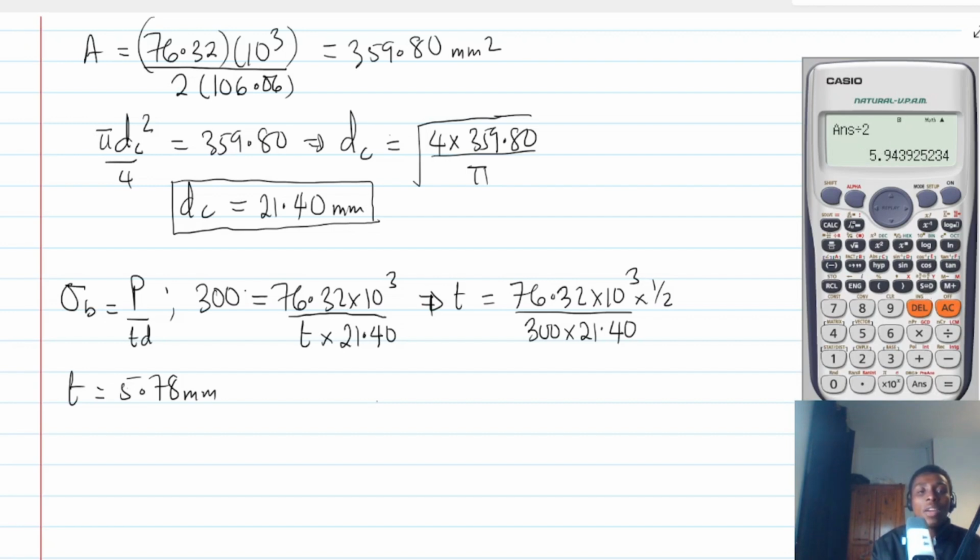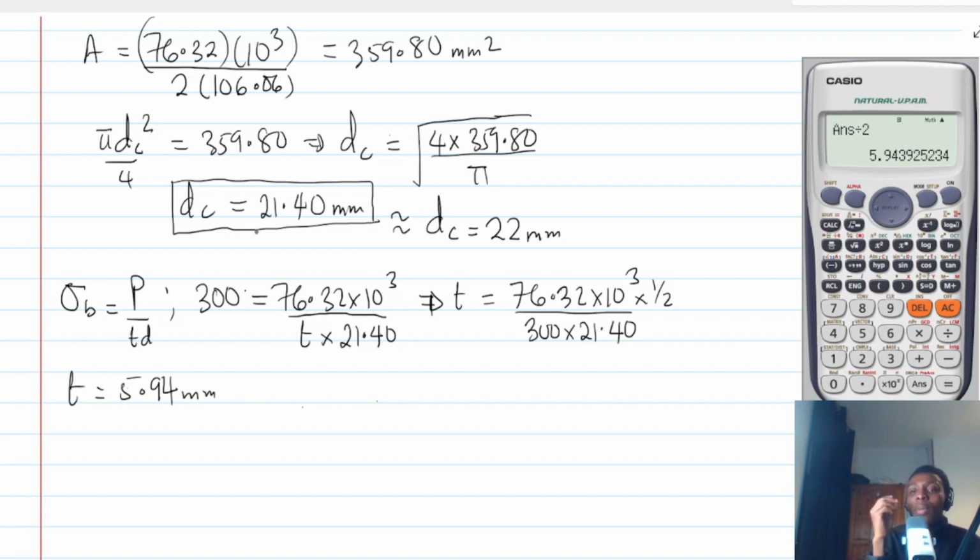The idea was that the calculated diameter here will be used to design a joint. So in practice, what you normally do is that you find the next whole number, because this diameter is actually a diameter which you are going to buy.